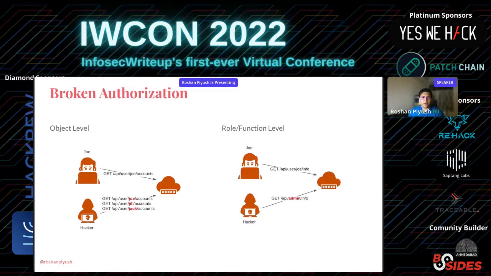One is where you are able to access other users' resources, the object level. In the role or function level, you are able to access a higher privilege or administrative endpoint. Their functions or roles may differ, and you are able to do a privilege escalation kind of attack.